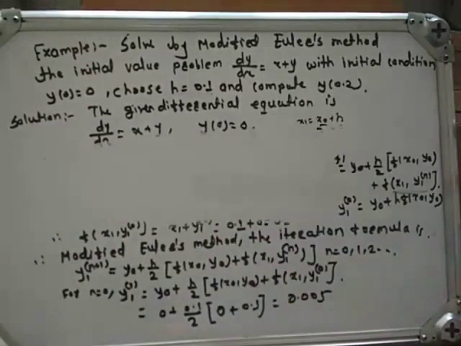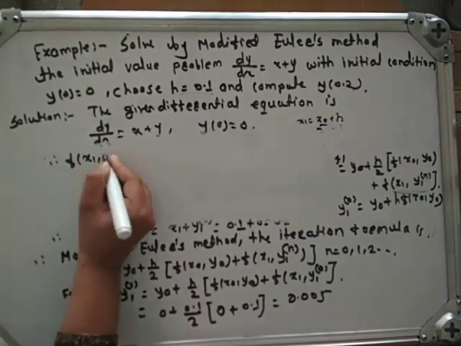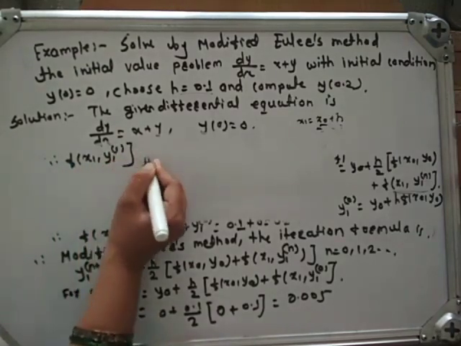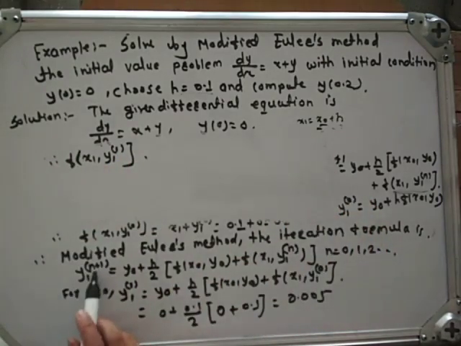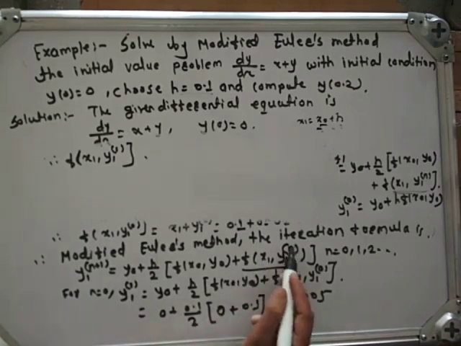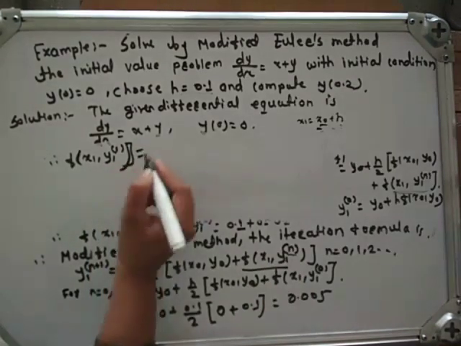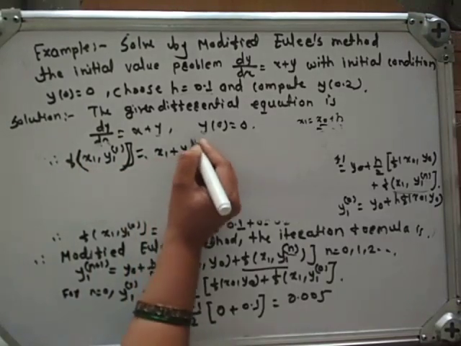Now calculate f of x1, y1 (1). If you put n is equal to 1, your formula becomes y1 (2) is equal to y0 plus h by 2 into f of x0 comma y0 plus f of x1, y1 (1). So here we have to find f of x1, y1 (1). It is equal to x1 plus y1 (1).